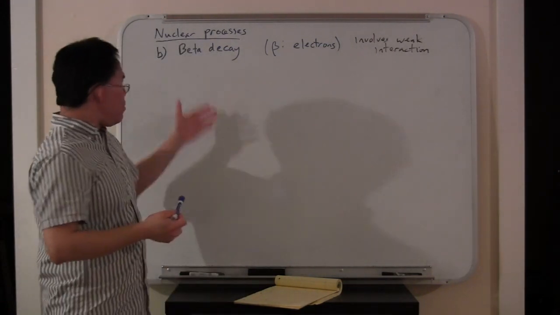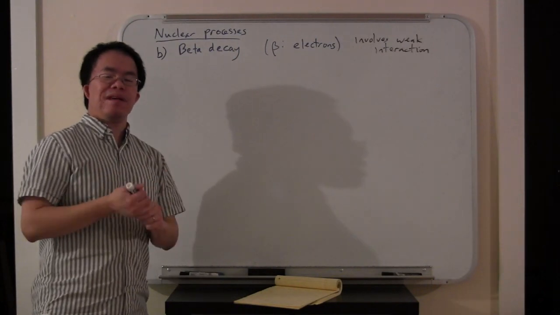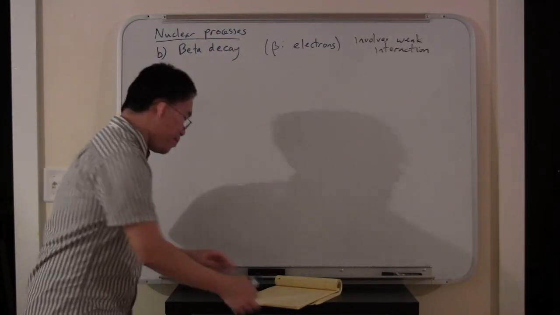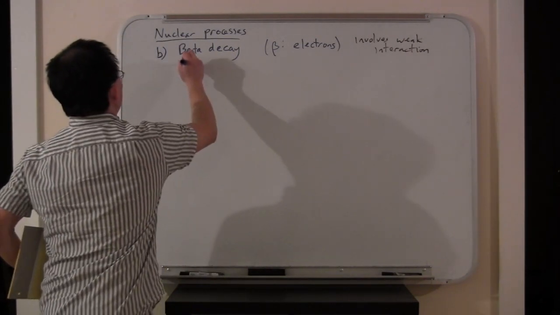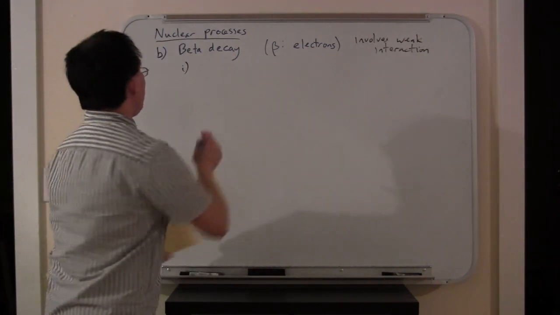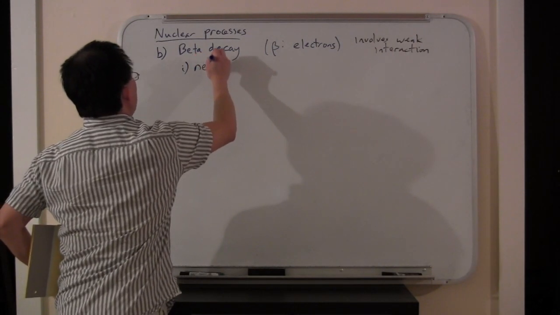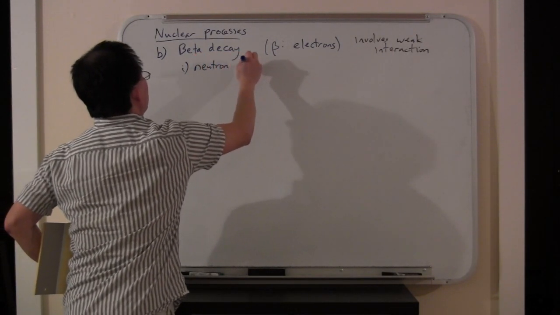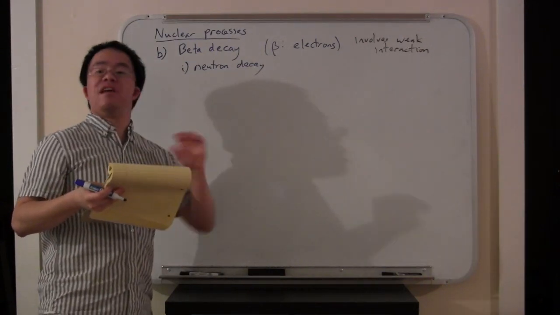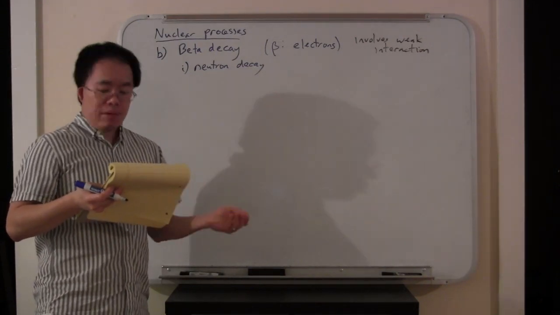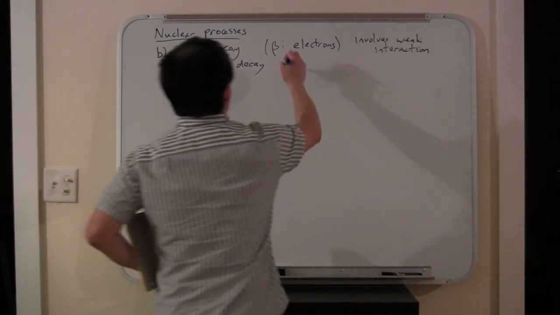So in terms of beta decay, there's a couple of subcategories of things that can happen. Let's start with the classic neutron decay. The way you can think of this is that in the decay process, a neutron becomes a proton. So let me just write that.